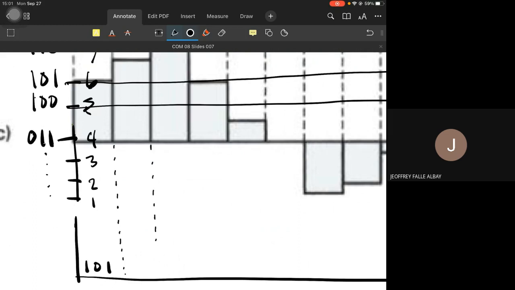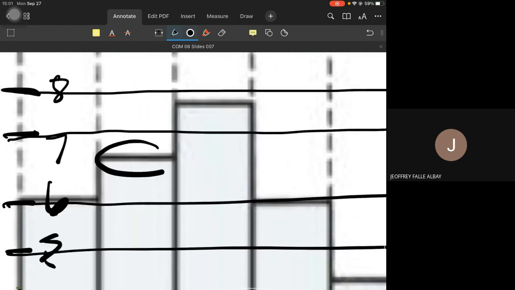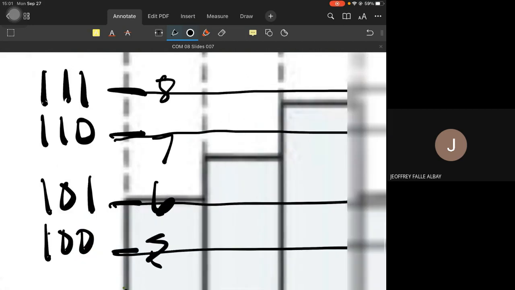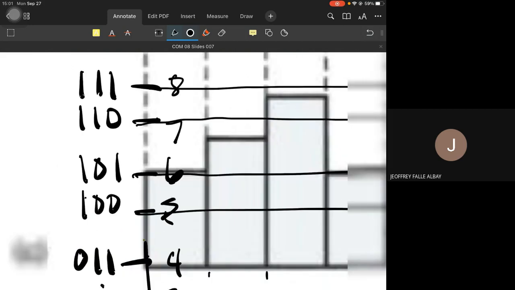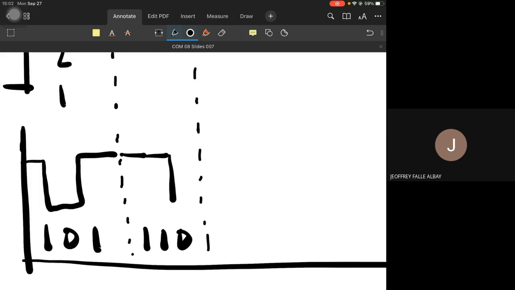For this one, let's say it is estimated as level 7. So level 7 is 110. So the output here is 110. Of course, it's not a literal number. The 101 is 101, and the 110 is 110. Okay?